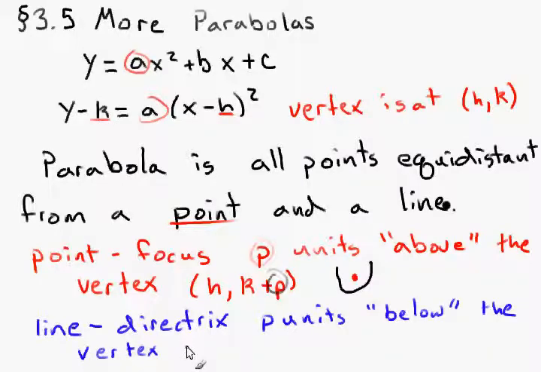So for this form of parabola, it's the line y is equal to k minus p. So we would have something like this. If this is our parabola, then this would be the directrix.